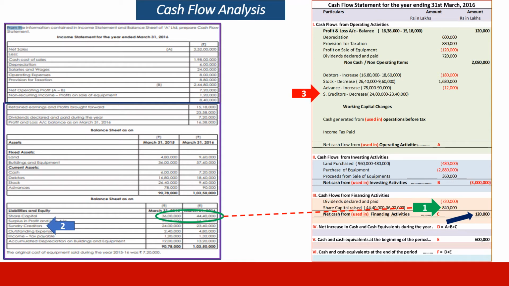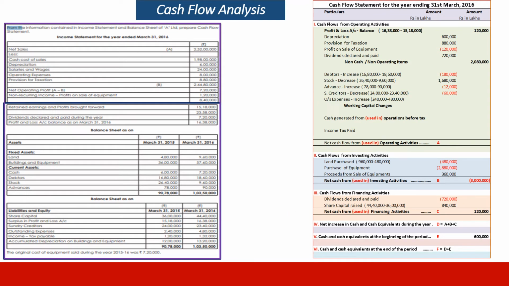Sundry creditors. Sundry creditors is the credit that we take from our suppliers. It has fallen, meaning from 24 lakhs we have repaid 60,000, and therefore creditors have fallen. There is an outflow of 60,000.